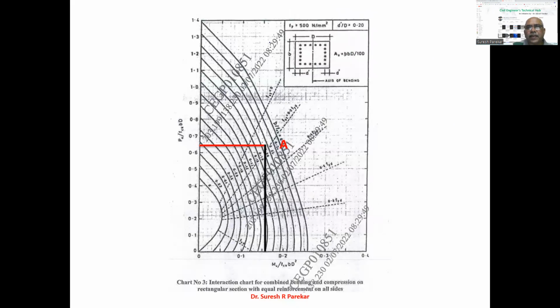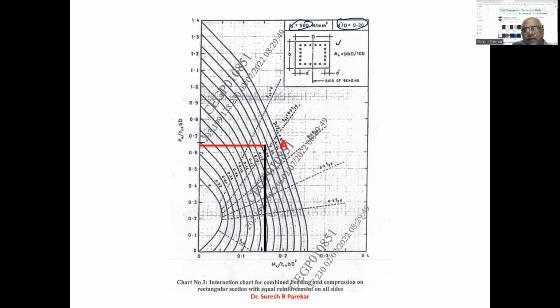Then we have FY 500 again, steel on all faces, D dash by D 0.2. So these charts are given in IS code and in the question paper, and I have taken from there. So now we again have 0.15 over here. This is 0.16, and then this is 0.62, 0.64, because this is 0.65.